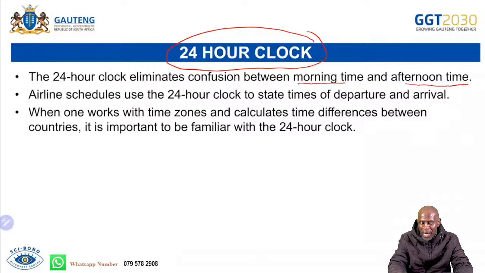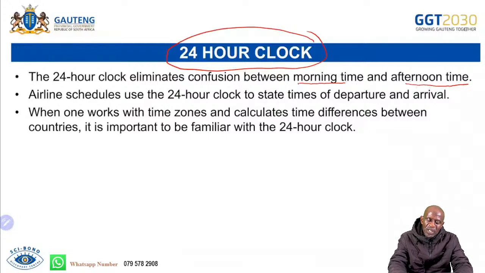We only work with the 24-hour clock and nothing else. You will see a typical example of time as expressed in a 24-hour clock. So no PMs, no AMs, no o'clock when we discuss the world time zones.